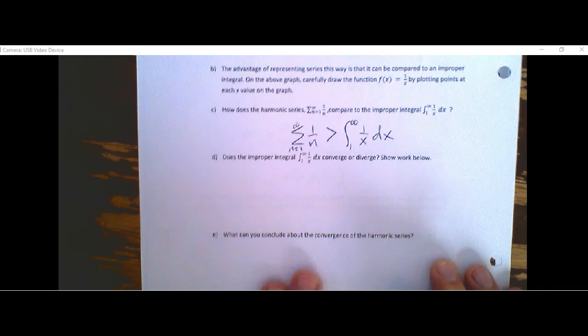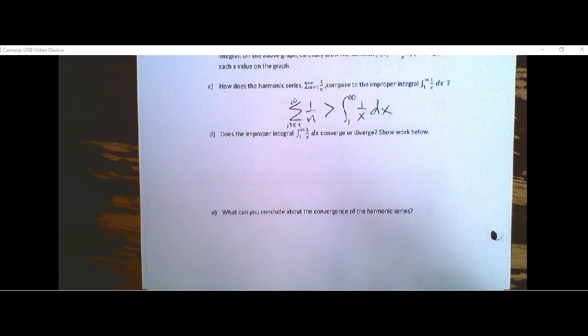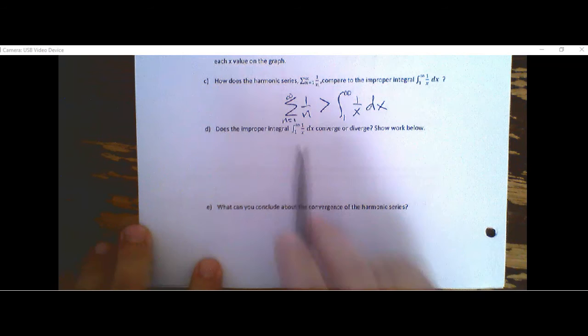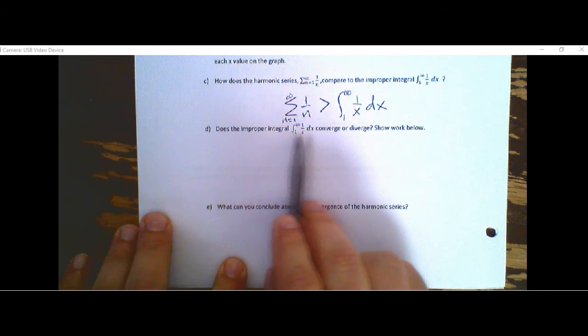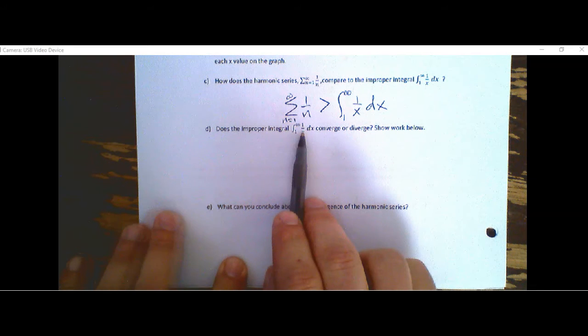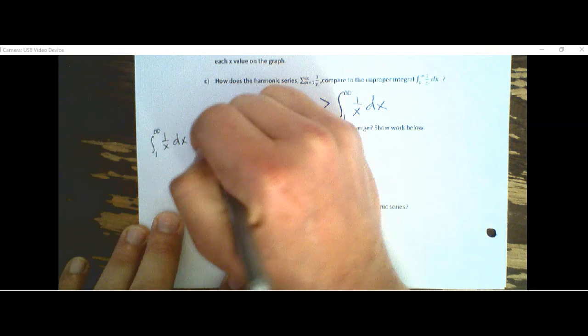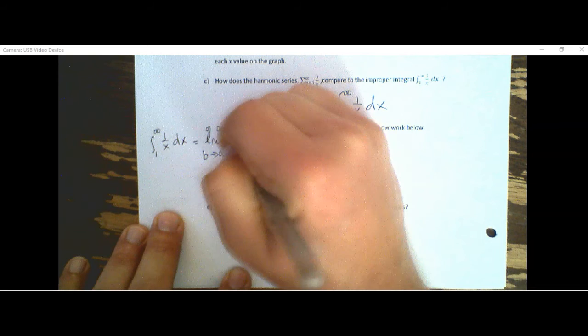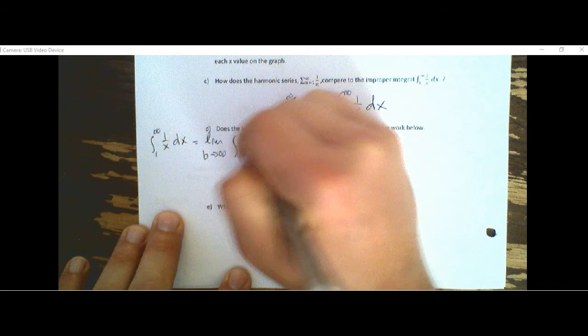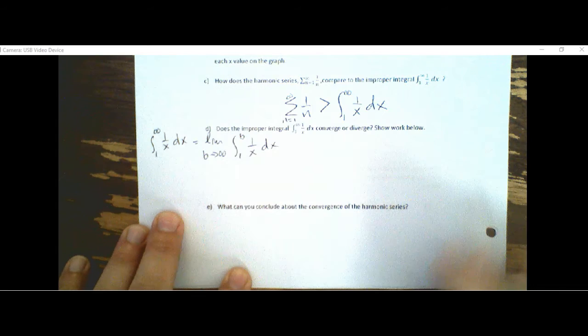All right. Does this improper integral converge or diverge? Well, let's do it. So first we need to rewrite this in a limit form. So the integral from 1 to infinity of 1 over x dx equals the limit as b goes to infinity of the integral from 1 to b of 1 over x dx.